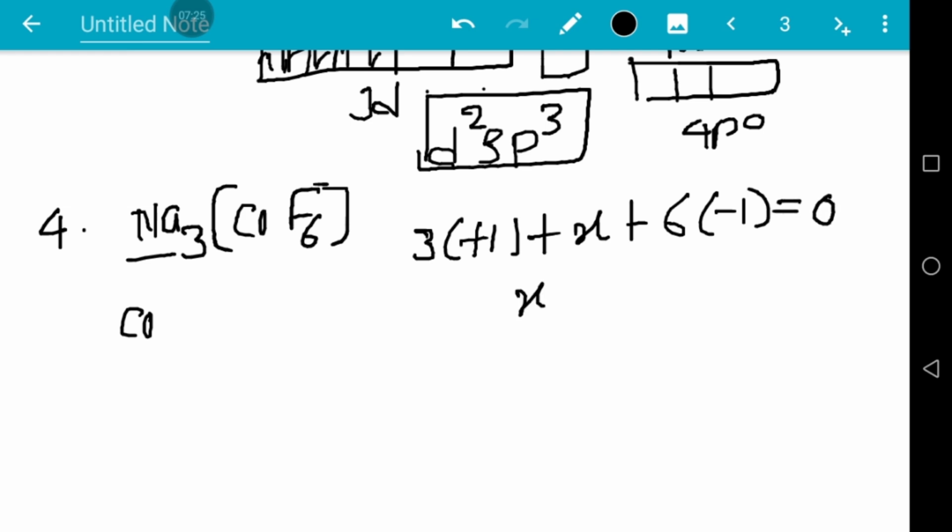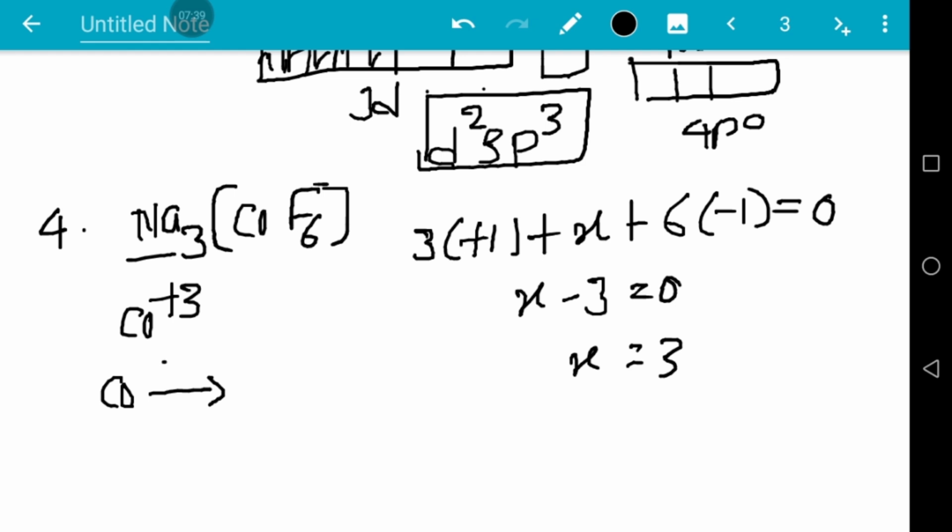So x minus 3 equal to 0, so x equal to 3. So cobalt has +3 oxidation state.